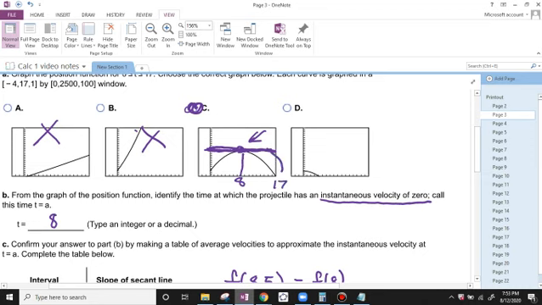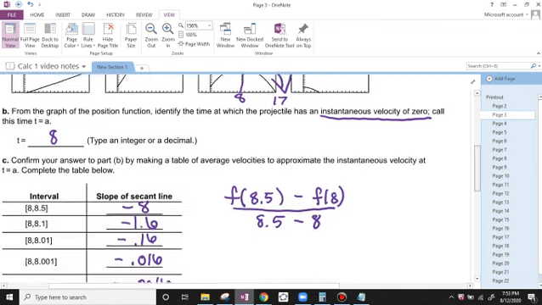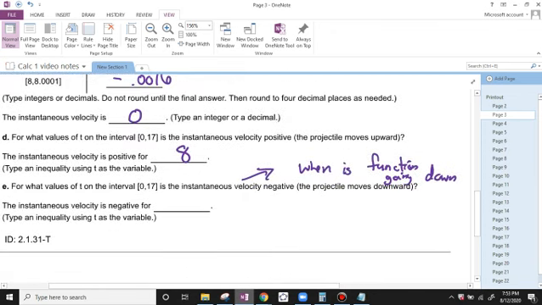Right, this is when the function's going down. Oh, they want an inequality, so you can do 8 less than t less than 17. So here's interval notation, but it looks like they want inequality notation.